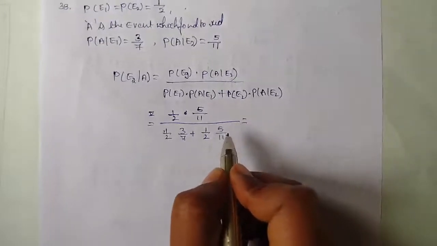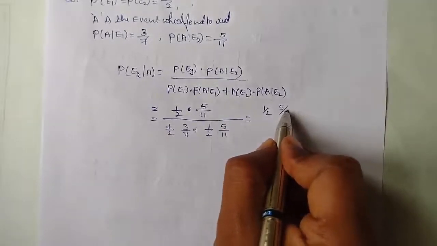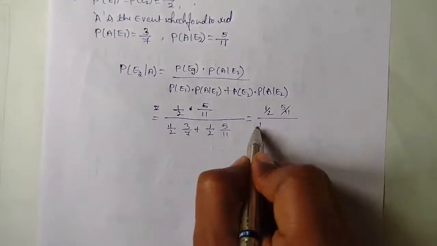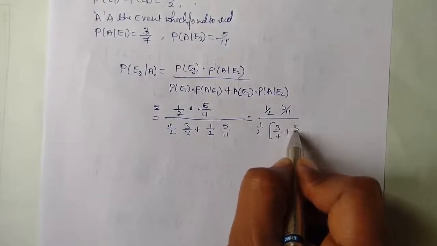What is the common factor in the denominator? 1 by 2, take it outside. So 5 by 11 divided by 3 by 7 plus 5 by 11.